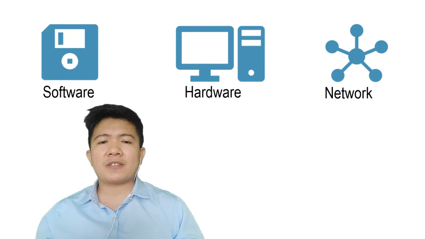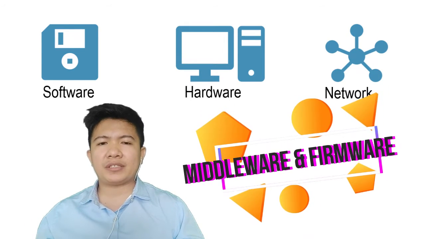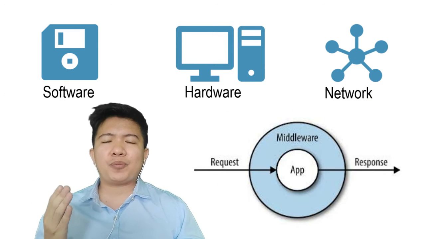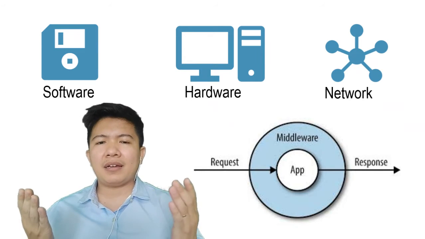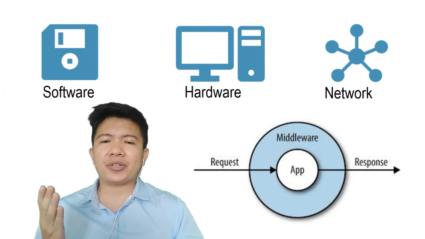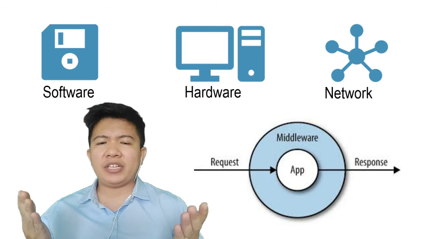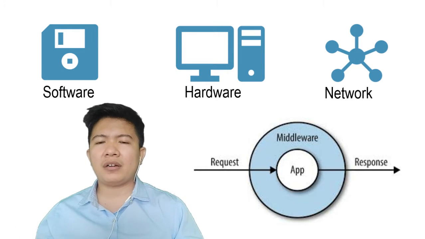The other types of softwares are middlewares and firmwares. Middleware, as its name connotes, refers to programs that mediate between an operating system and application softwares. It acts as a translator, facilitating data exchange and communication between an operating system and the application software.